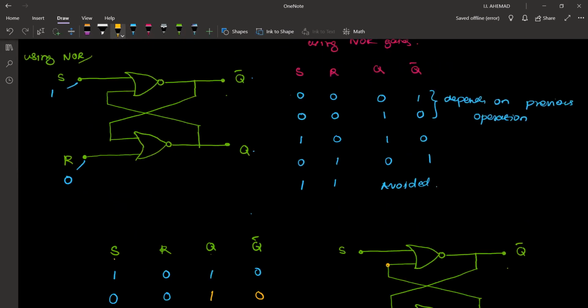And we can construct the SR flip-flop using NAND gate also. So there you will need 4 NAND gates.